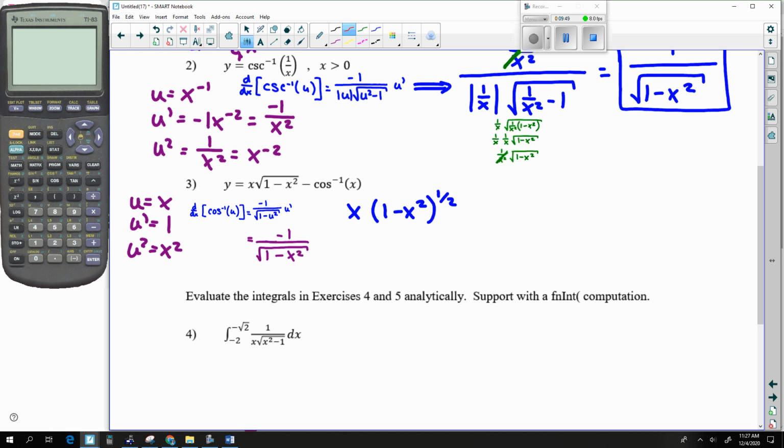Okay, so here we go. This is going to be 1 times (1 minus x squared) to the 1/2, plus, leaving the first part alone, 1/2 times (1 minus x squared) to the negative 1/2 times the chain rule of negative 2x.